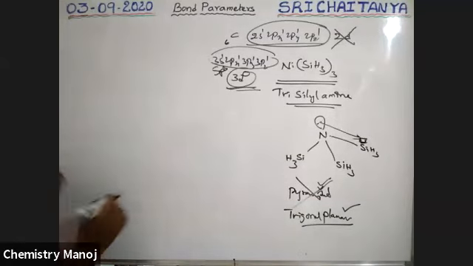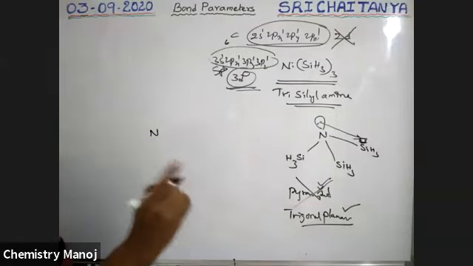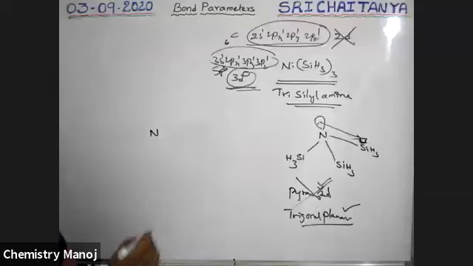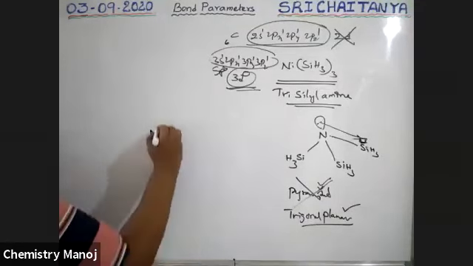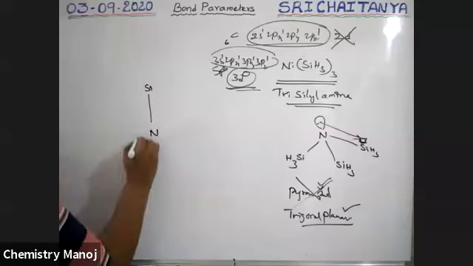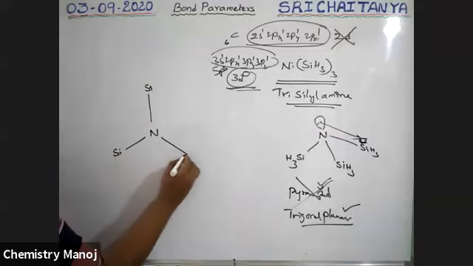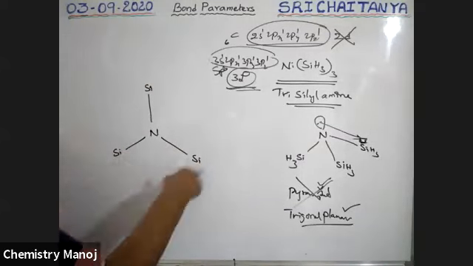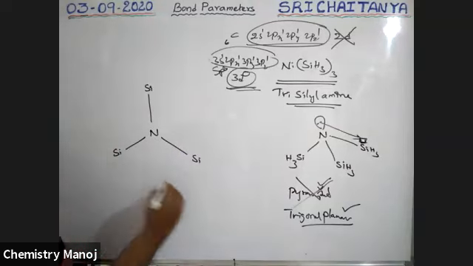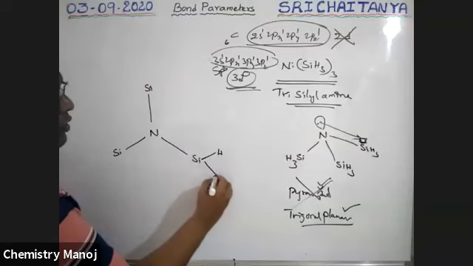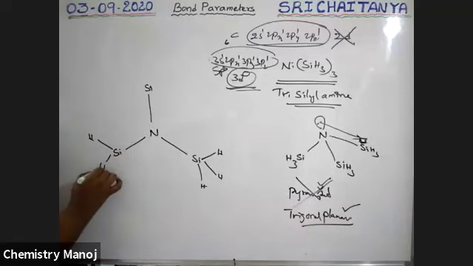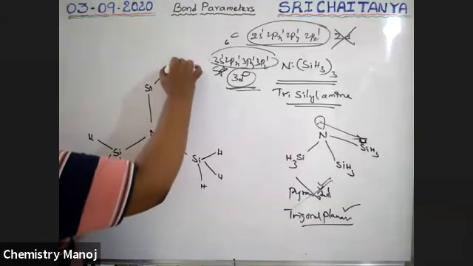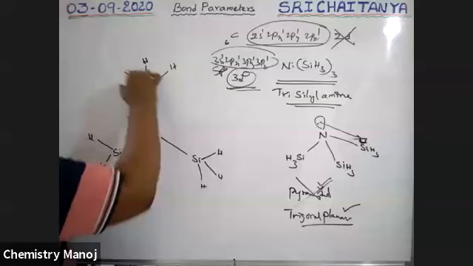See here, that is nitrogen, because back bonding is possible only in planar compounds. So during back bond formation, planarity is available. Nitrogen and the three silicon atoms, these four atoms, are on the same plane, boys. But the attached hydrogens are tetrahedral, not in the same plane.